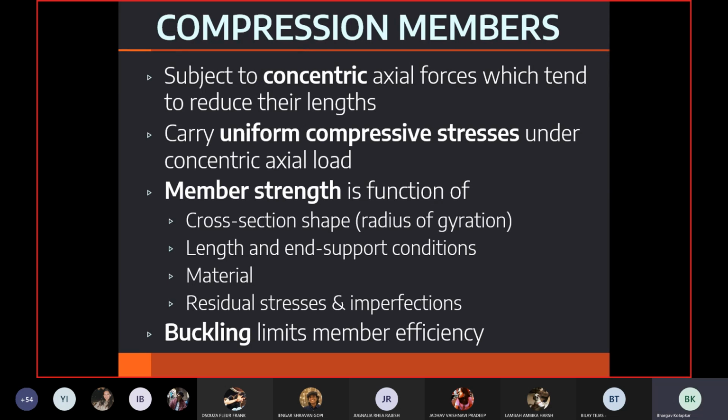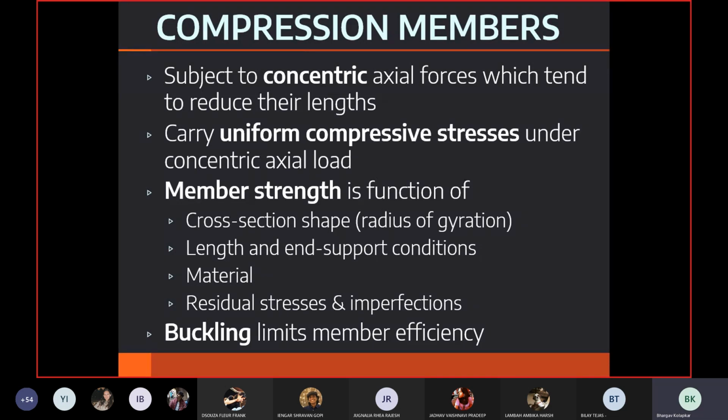You did not change the length, the material, or the cross section. All you did is you changed the way you are holding it at the ends. So you basically changed the end support conditions. And then you realize that the amount of effort that you put has changed, meaning that the strength of the scale or the strength of the compression member has changed.